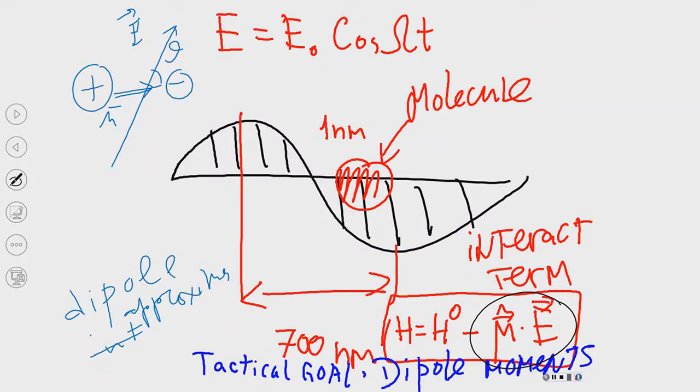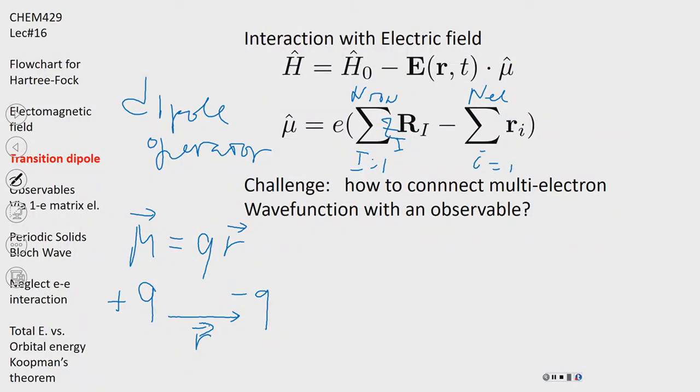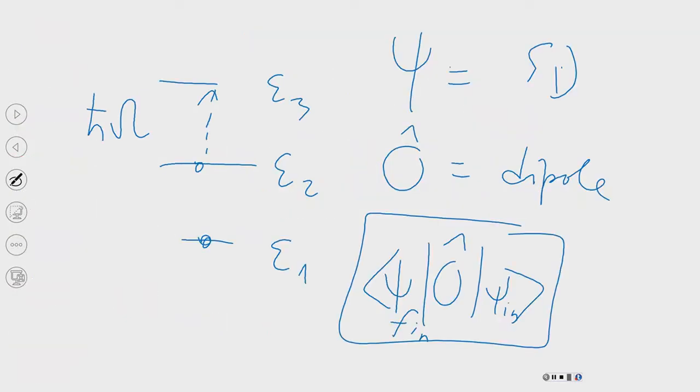And if one needs to describe quantitatively how much the light interacts with matter, which means in the visible range, whether light is absorbed by a molecule or emitted by a molecule, it is characterized by the matrix element of the transition dipole.